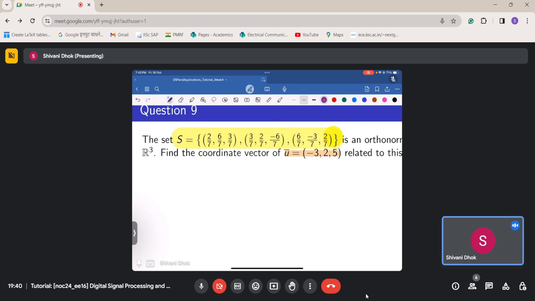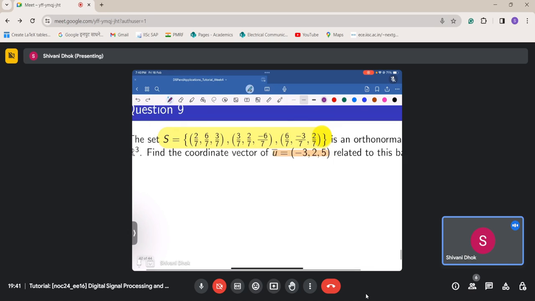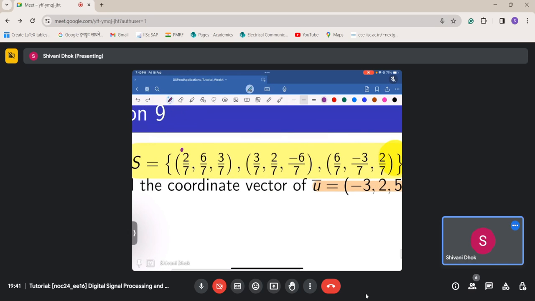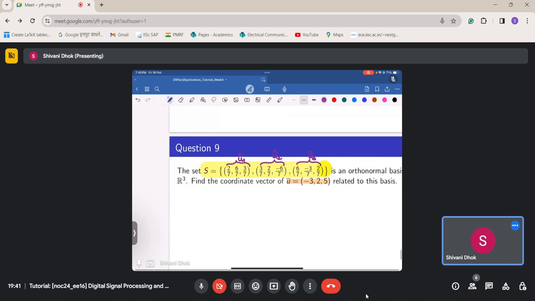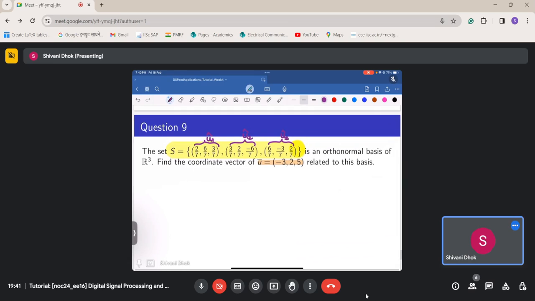So what do we mean by coordinate vector? For simplicity, this S is a set of bases. So we'll represent this vector as u1 cap, this as u2 cap, and this as u3 cap.